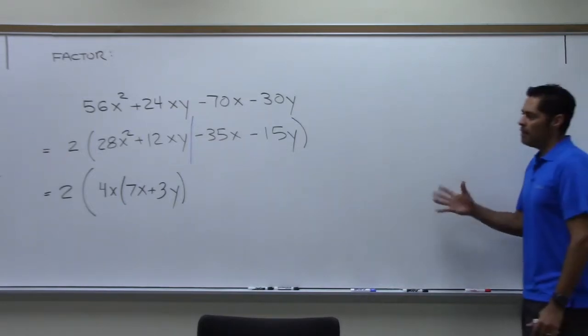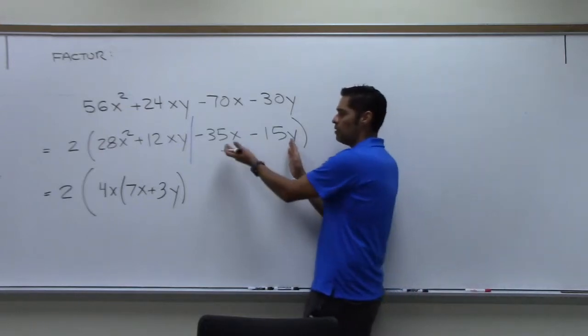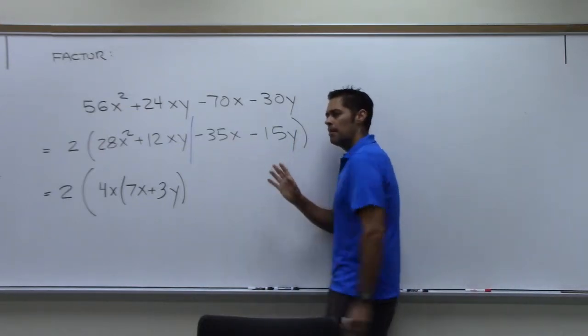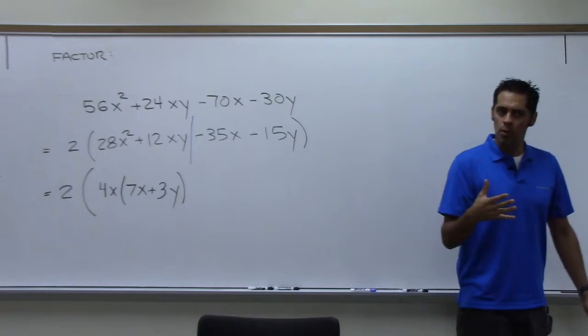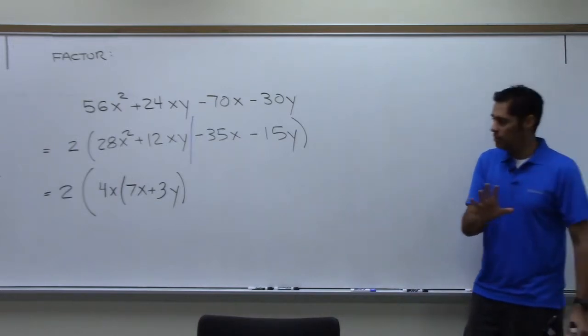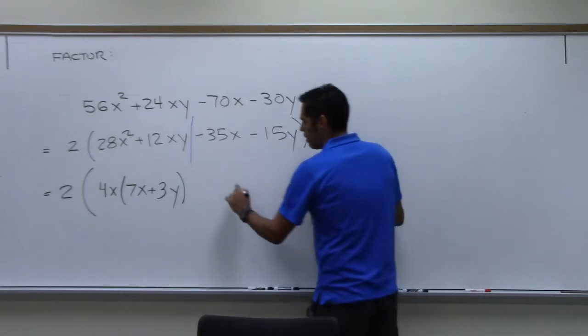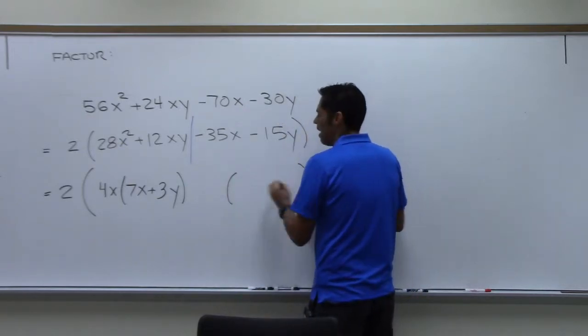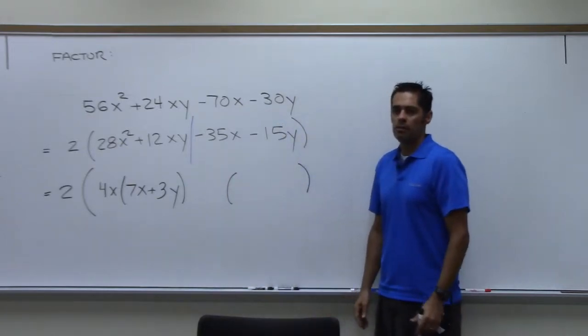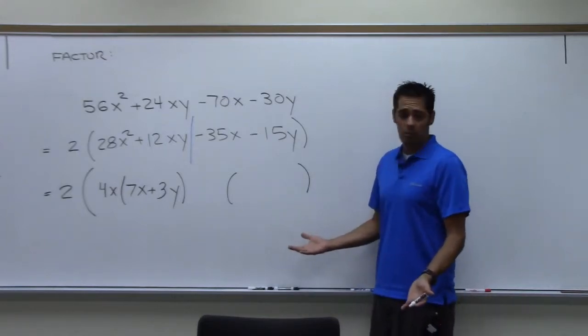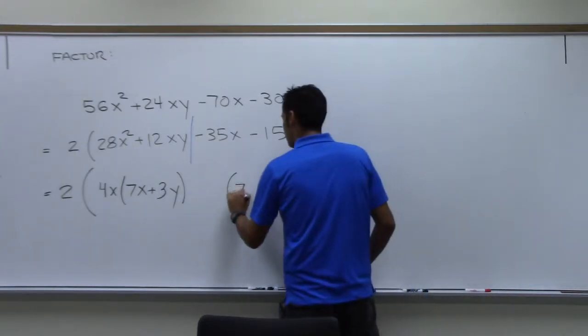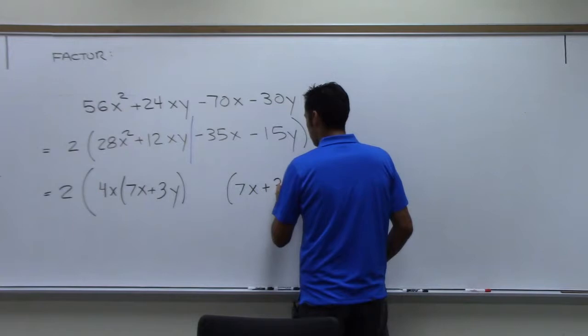Now look, what I've been telling you is that the next thing you do is pull a GCF out of this, right? But there's kind of a different approach if you want to try it. You don't have to, but just see if you like this or not. What do I have to have in here for this to work? 7x plus 3y. That's the only way it's going to work, right? So let me just try 7x plus 3y here.